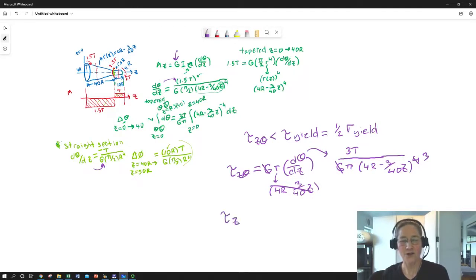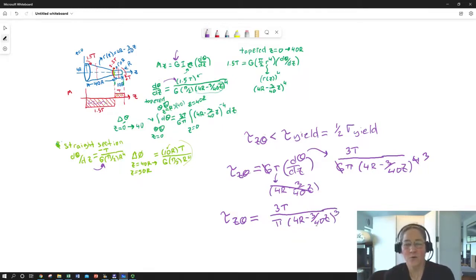So our shear stress at any z position within this tapered section is basically going to be twice the internal moment divided by pi. And then we have our line equation for radius in terms of z raised to the 3rd.